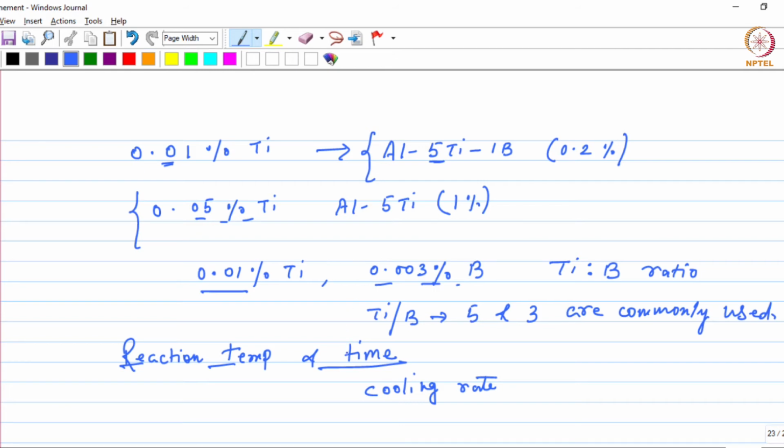Because this can affect the morphology of those intermetallic particles which are acting as the heterogeneous nucleation sites.